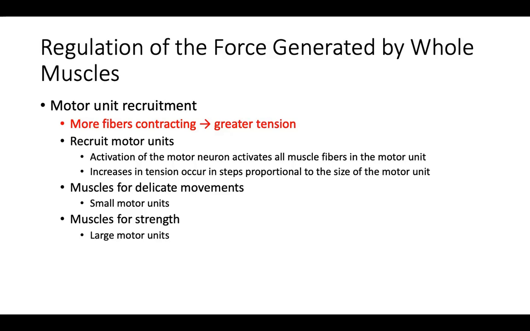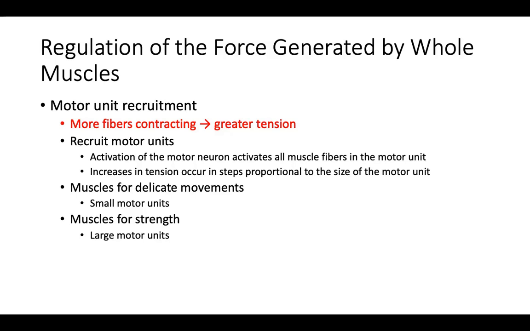Contrasting that to larger motor units. These are usually found where we have neurons with larger diameters. We'll talk about the sciatic nerve coming up in our lab this afternoon, and it's a very thick nerve. It has larger amounts of fibers attached to it, and the fibers themselves are in bigger muscle groups.